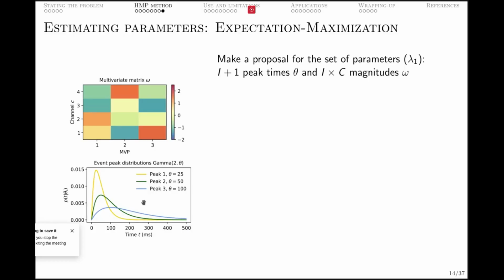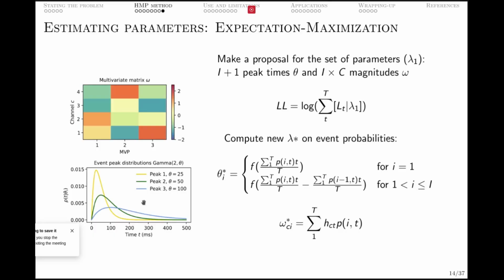So what you do is that you first start with an expectation. Usually we don't actually use an expectation; we just put everything to 0 and see where things go. But you first use these initial starting points, and you see what the log likelihood of that is, and then you update the previous one based on the new probabilities that you computed, right? So the idea is that you start with something, you estimate probabilities for the events, and then you use those probabilities to compute a new set of parameters that better accounts for them.